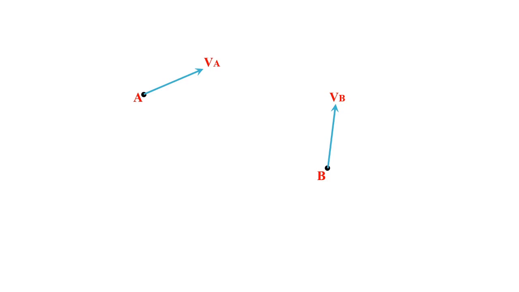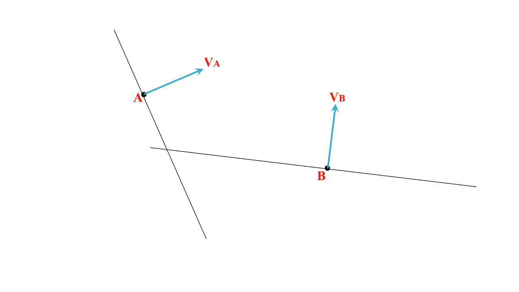The center will be on a line perpendicular to the velocity. So you draw a perpendicular to VA at A, and the center will be somewhere on that line. Similarly, you draw a perpendicular to VB. Now these perpendiculars meet at a common point.